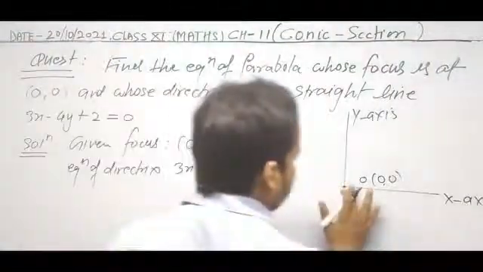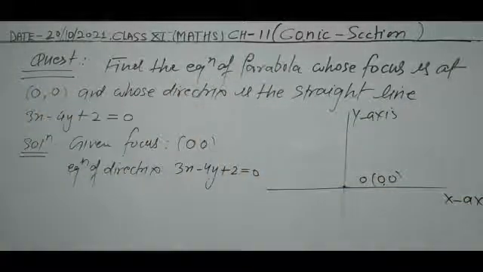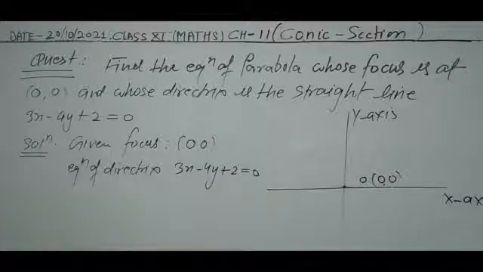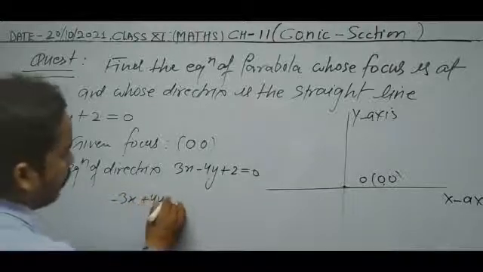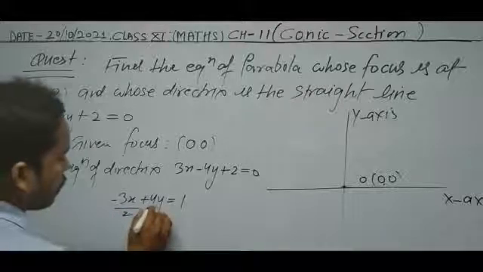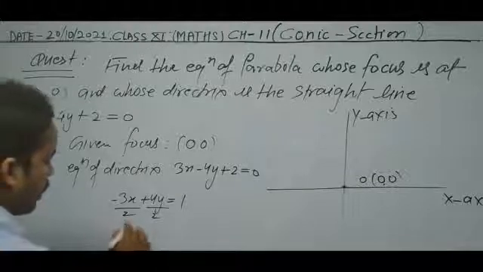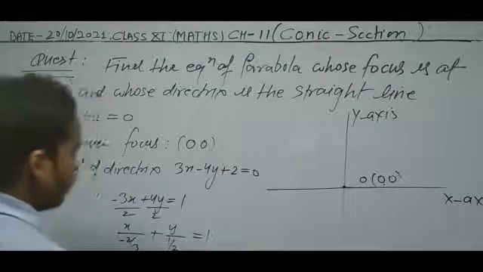First of all, I will draw this line, the directrix. When you convert it into intercept form, you get minus 3x plus 4y is equal to 2. This implies we can write x upon minus 2 by 3 plus y upon 1 by 2 is equal to 1.